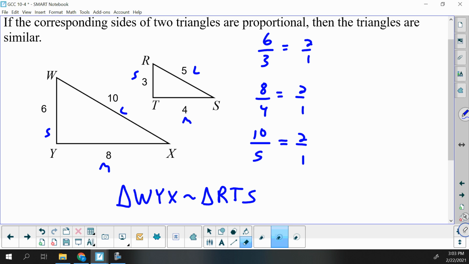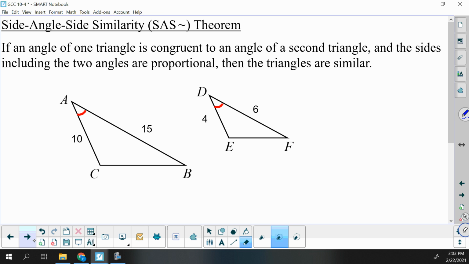If we go over to page 30, our third and final way to prove triangles similar, or to show that they are similar, is side-angle side similarity. Remember, anytime you have an S for similarity, that means the sides are proportional, not congruent. But A's do mean they're congruent. So here's 2 sets of angles marked congruent. So of these, this is the larger, that's the smaller of the sides we have labeled.